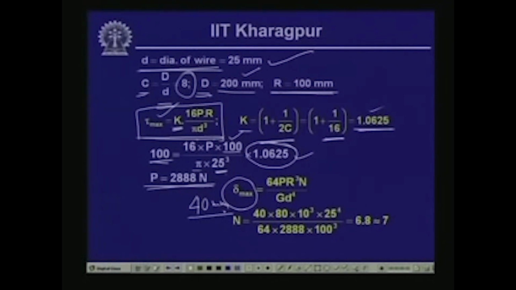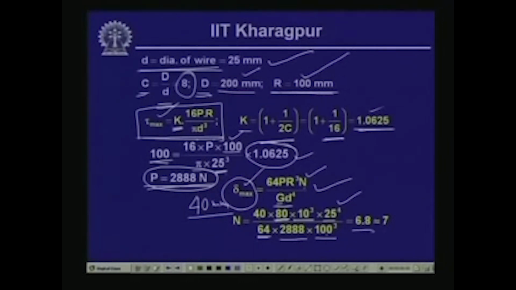So, if you restrict the deflection of the spring to 40 millimeter, from the expression of the deflection which we have seen, which equals 64 P R cube times N by G d to the power 4, where N is the number of turns, we get N equals 40 for the delta max, times G, the shear modulus, which is 80 gigapascal, so 80 times 10 to the power 3 megapascal, times d, which is 25, so 25 to the power 4, divided by 64, times P, as we have calculated now, equals 2888, and R equals 100, so 100 cube.